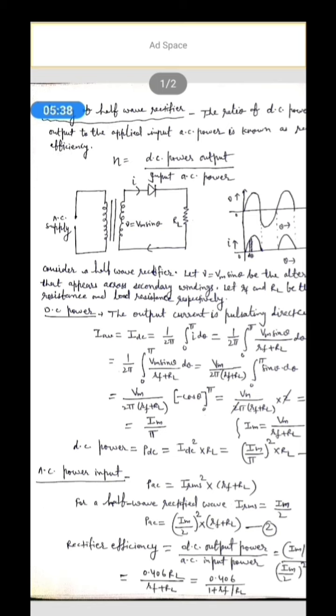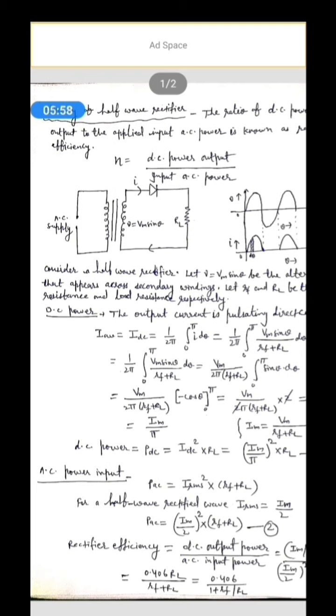PAC is equal to I RMS square into RF plus capital RL. For the half wave rectified wave, IRMS is equal to Im upon 2. So PAC will be equal to Im upon 2 whole square into RF plus capital RL.